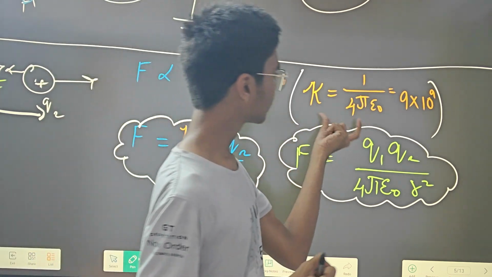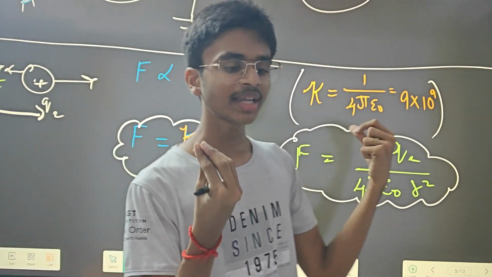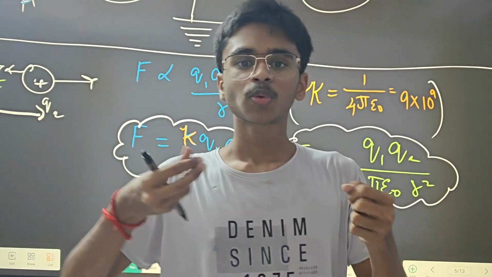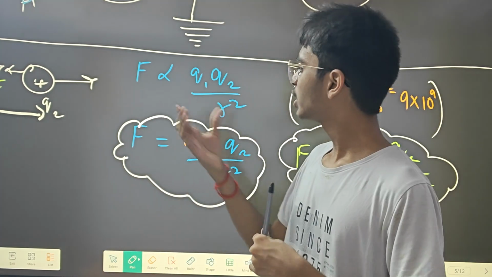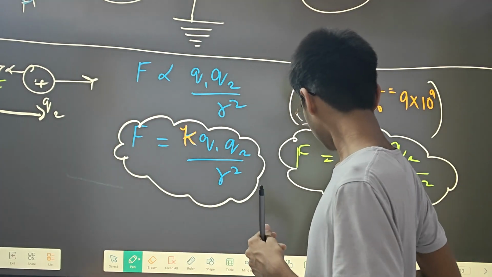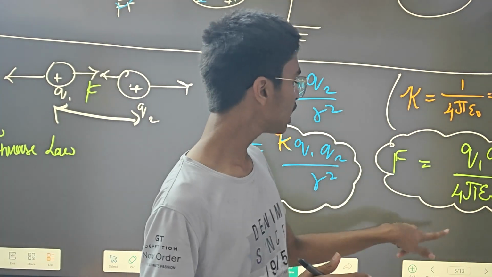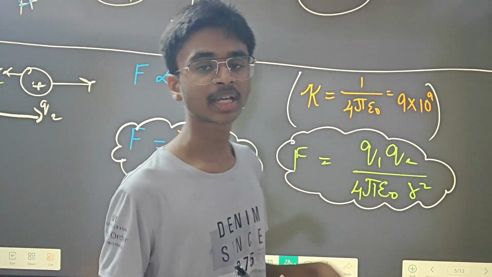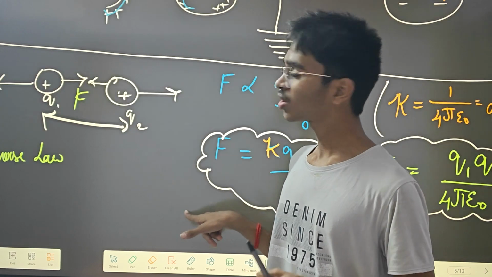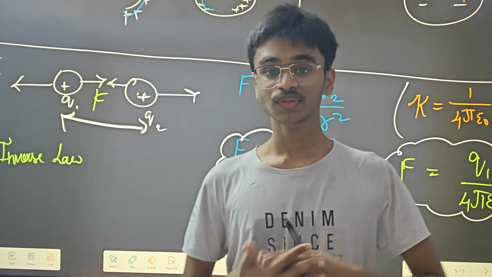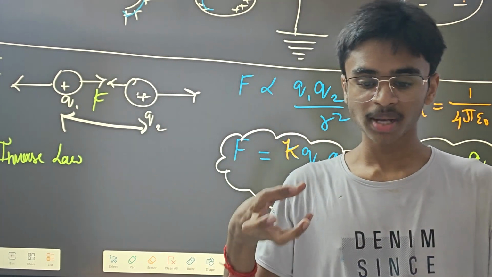This k value depends upon the material. For an example, if these two charges are kept in air, then the k value will be 9 into 10 to the power of 9. If they are kept in water, then that differs. When they are kept in metal, that differs.